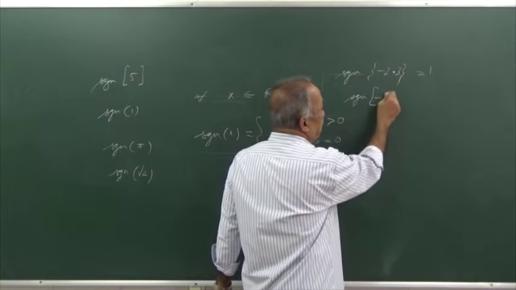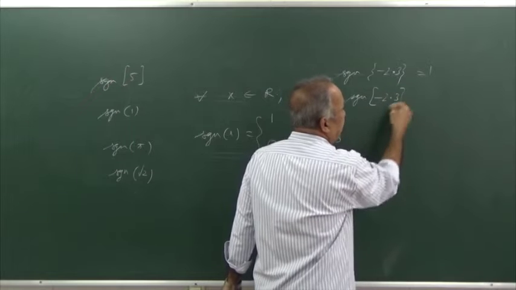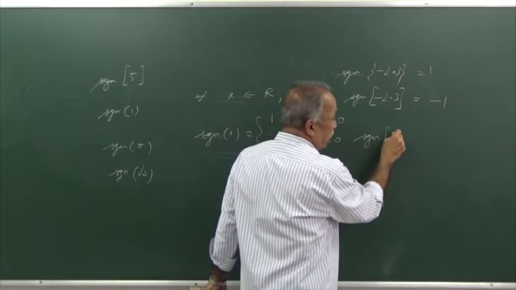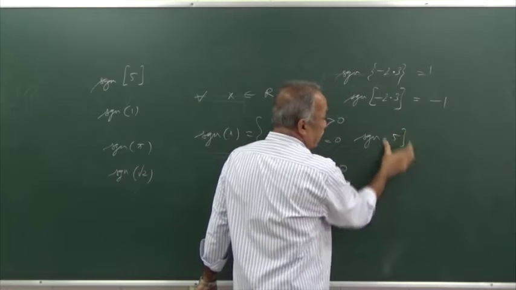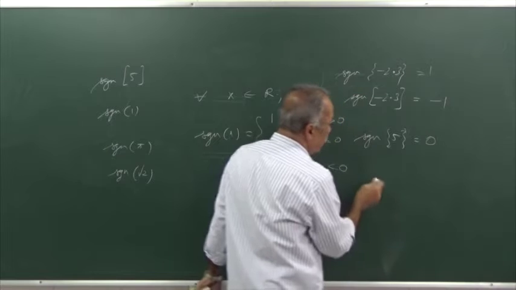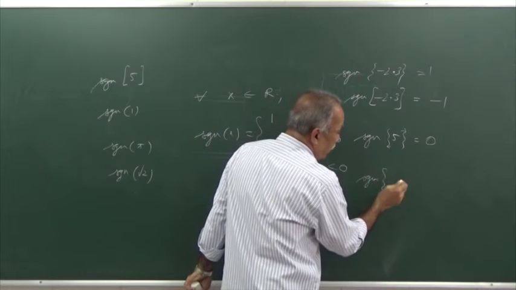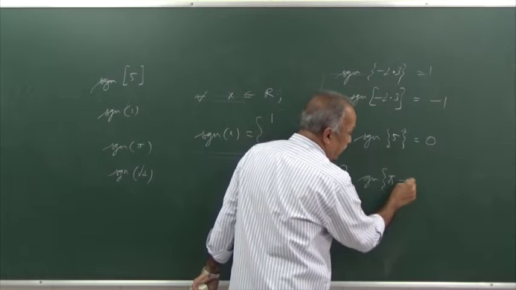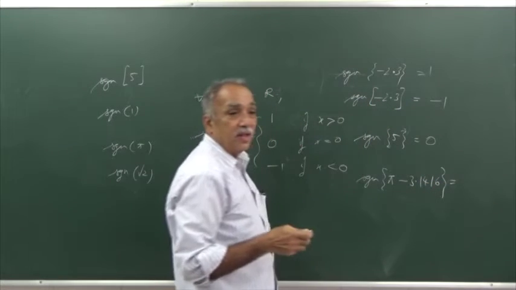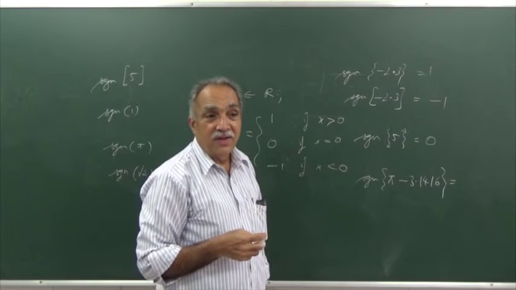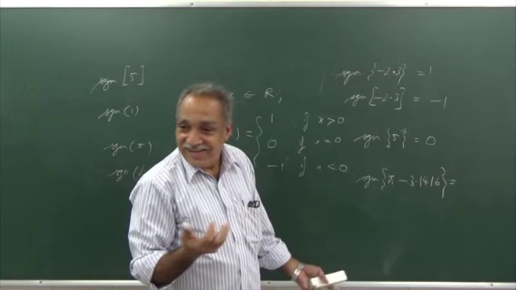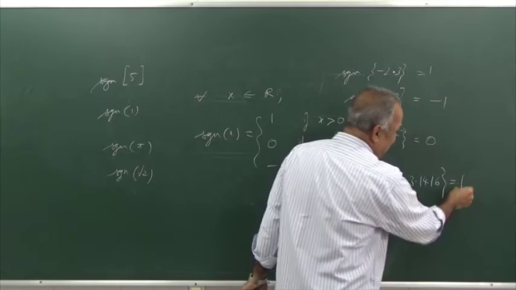Signum of fractional part of 5 is 0. Signum of fractional part of pi minus 3.1416 is 1. Good.